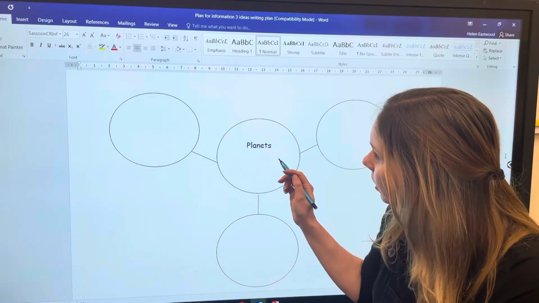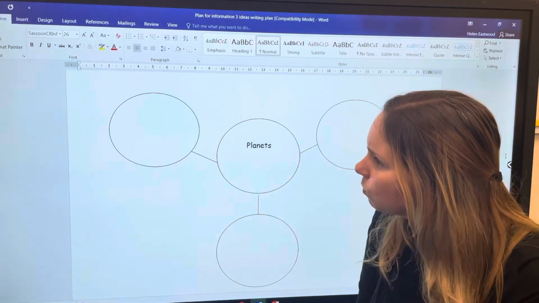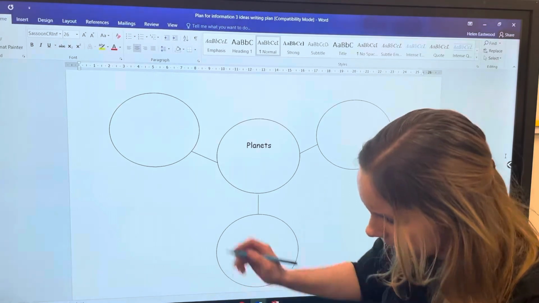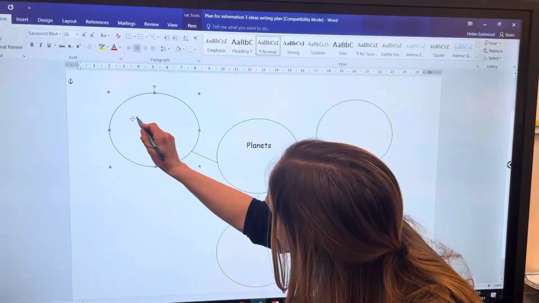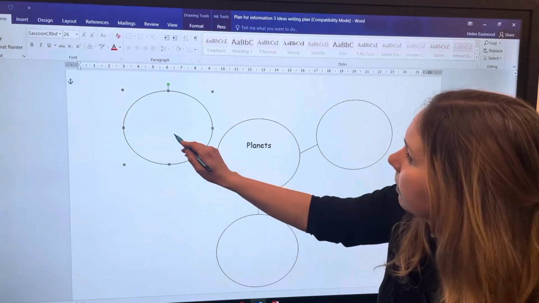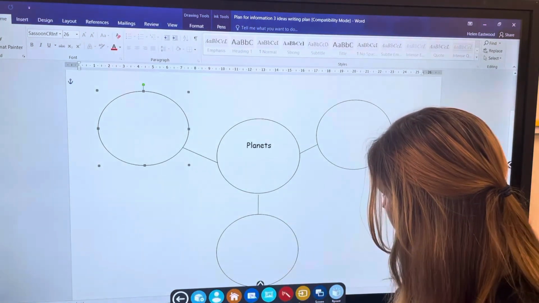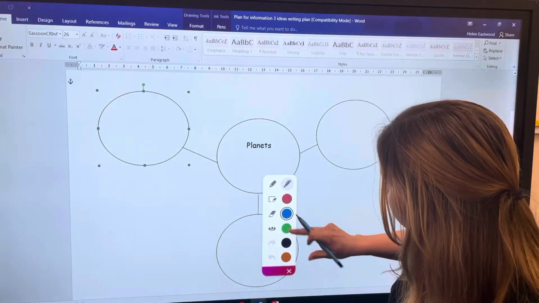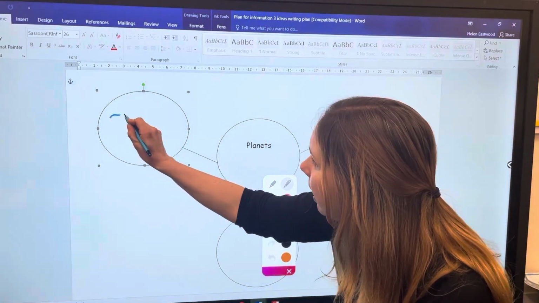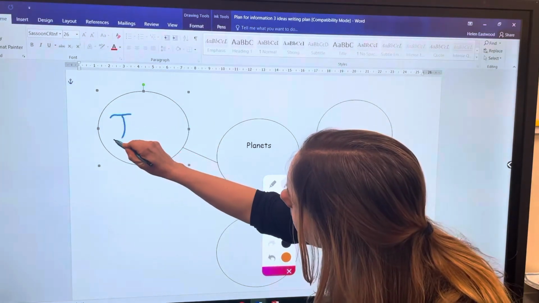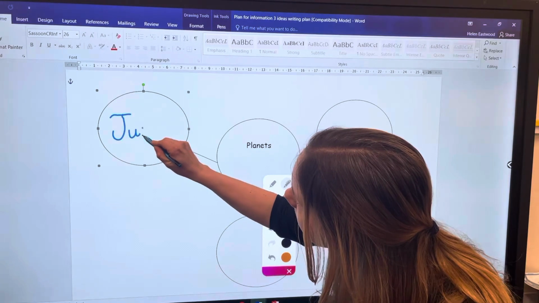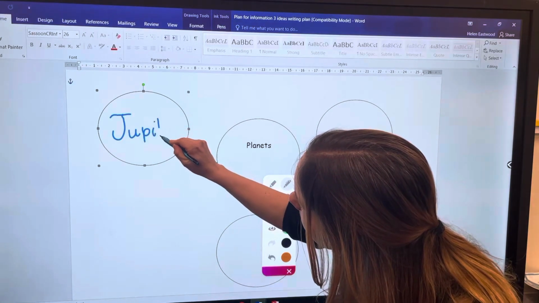So I'm going to have a look at Jupiter, I think. So I'm going to write Jupiter. I'm going to remember to get my pen. I'm going to write Jupiter in here, because when I'm writing up, I will know that this is my subheading, and it will remind me to use a subheading.